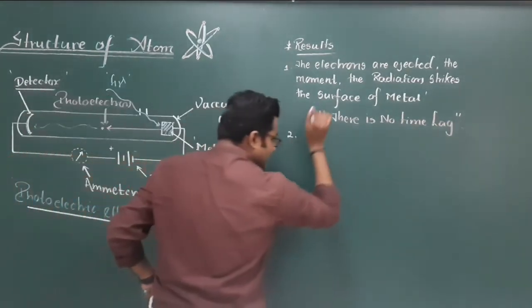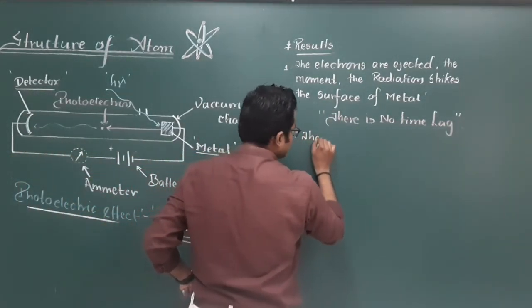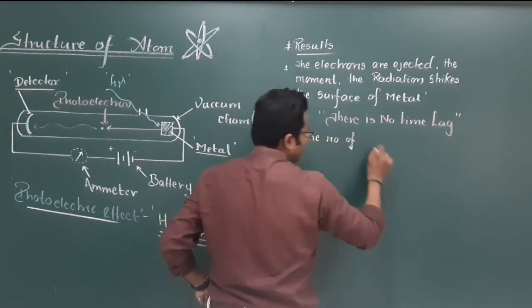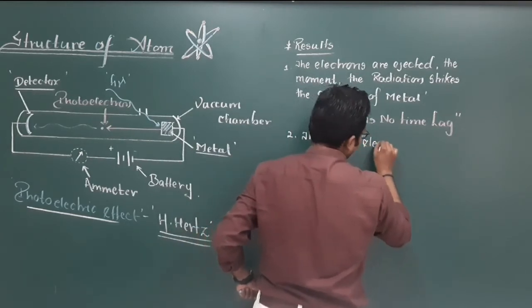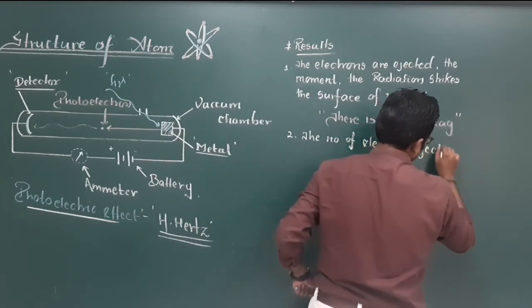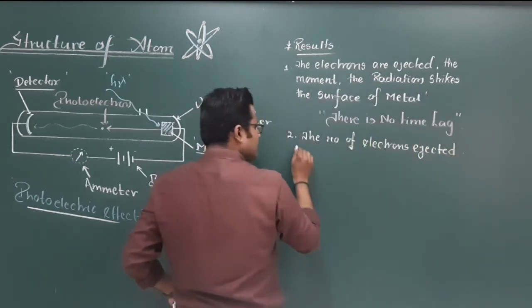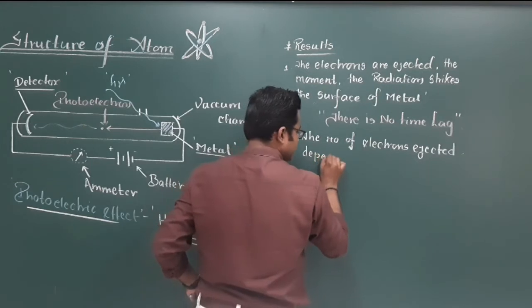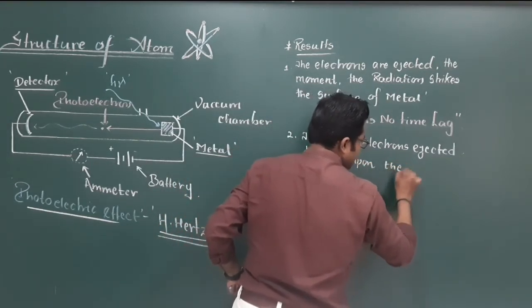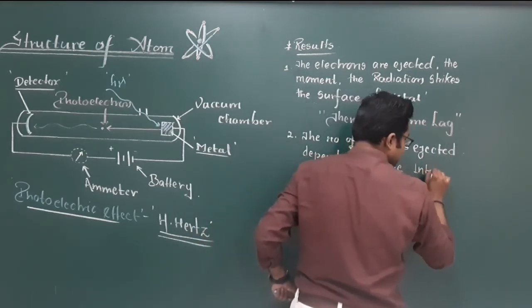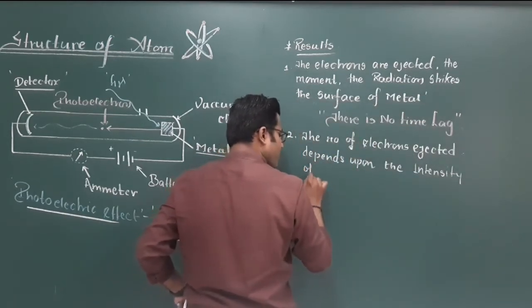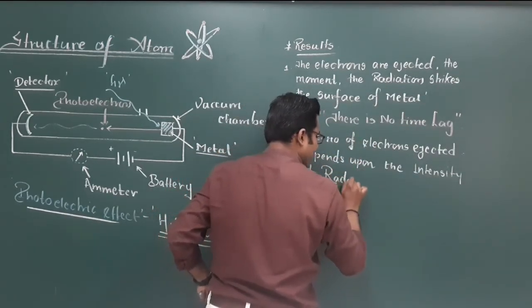Now, understand this: the number of electrons ejected depends upon the intensity of radiation.